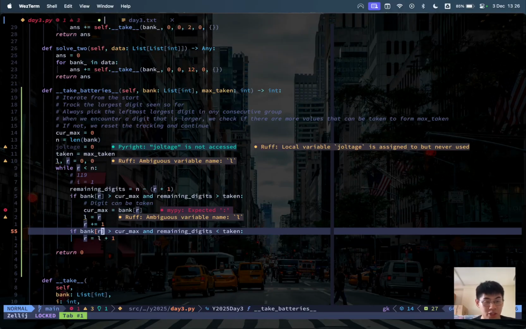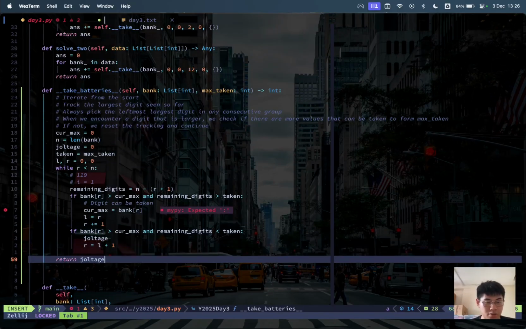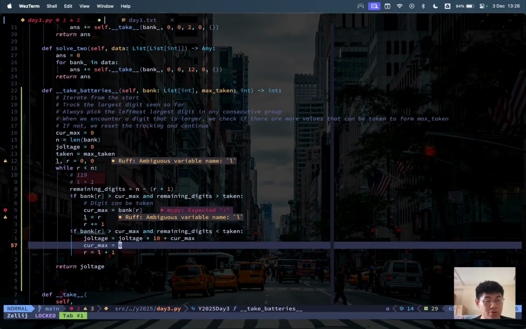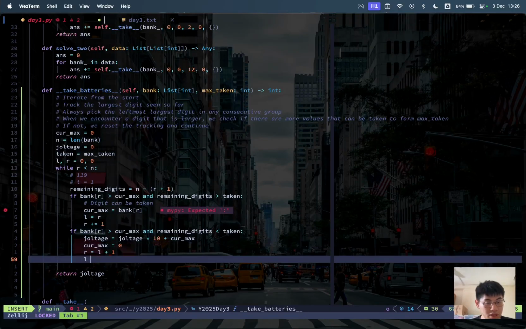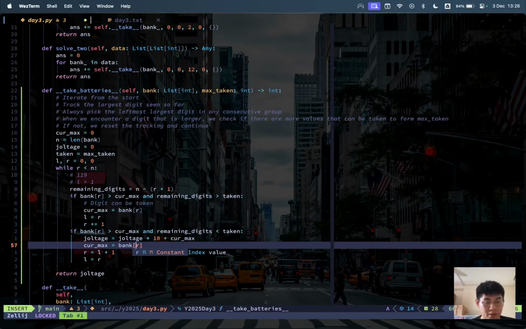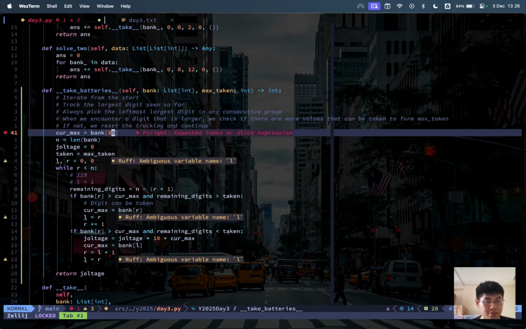Then we want to take this digit. We want to take what was previously stored as well. So the joltage is equal to the joltage multiplied by 10 plus the current maximum. We set the current maximum back down to 0. And we say that L equals R, because we chose not to take that digit, and we are now taking on the current maximum, which is the bank of 0.